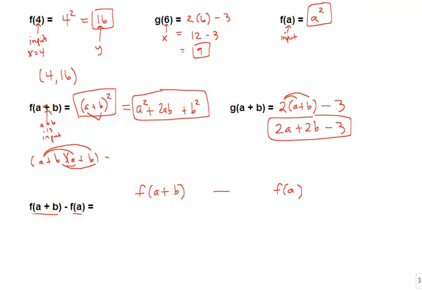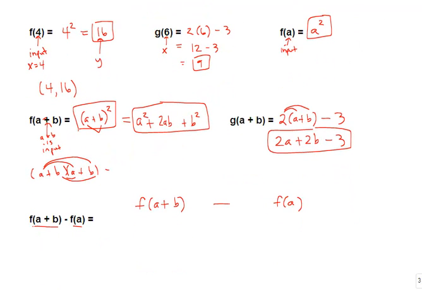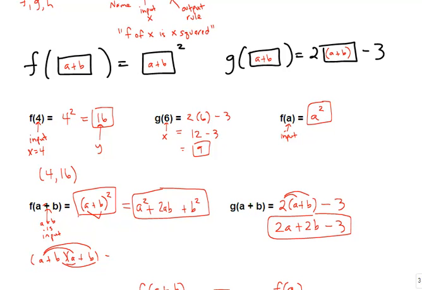So remember how to get f of a plus b. You take a plus b, and you're inputting it into your rule for f, which says take whatever your input is and square it. So we're going to take a plus b, and we're going to square all of that. So this is going to look like a plus b, wrapped in parentheses, all squared. Okay, so that's our f of a plus b. Now if we want to know what f of a is, then instead of substituting in a plus b, we're going to substitute in just a.